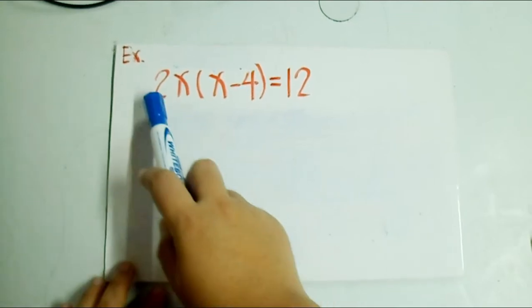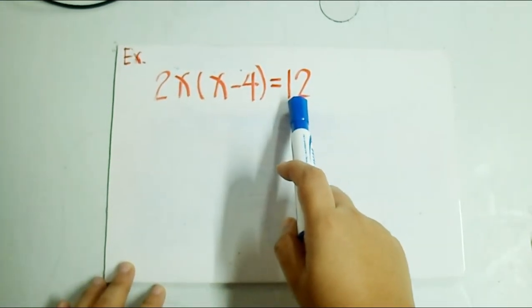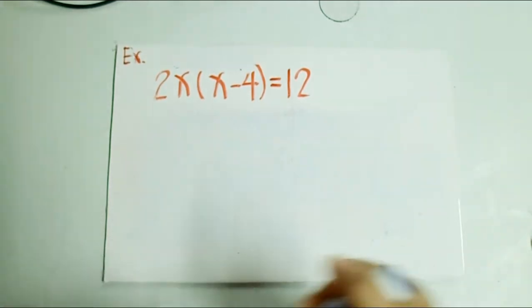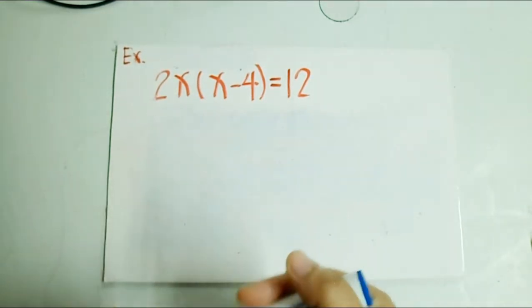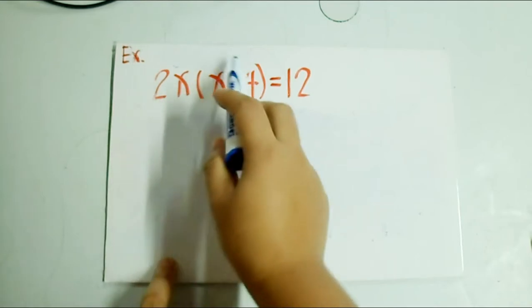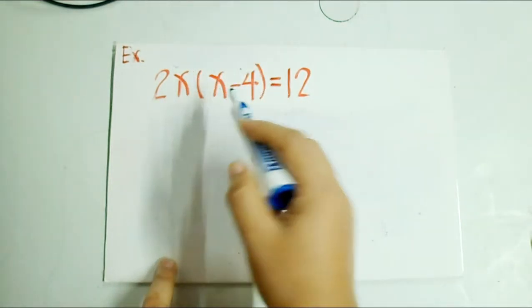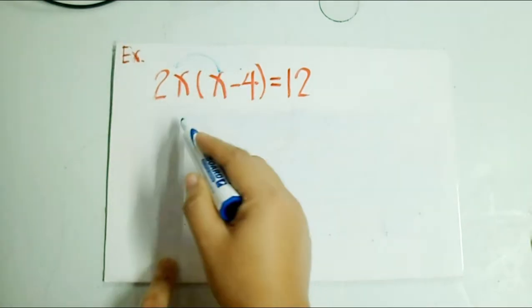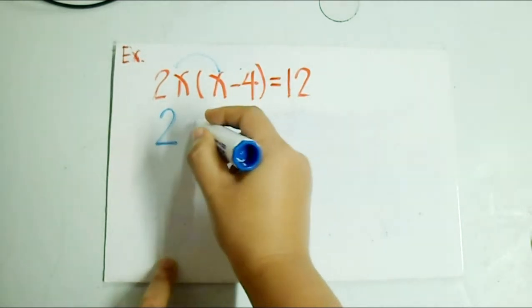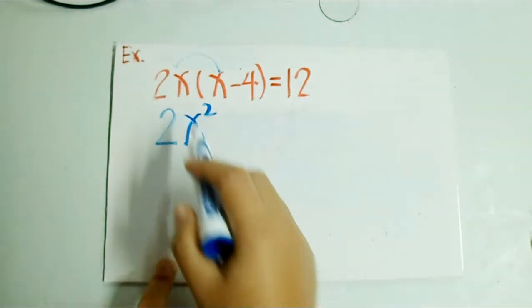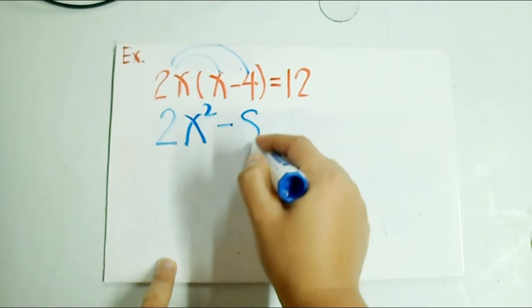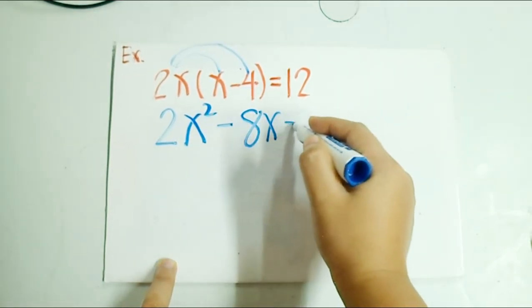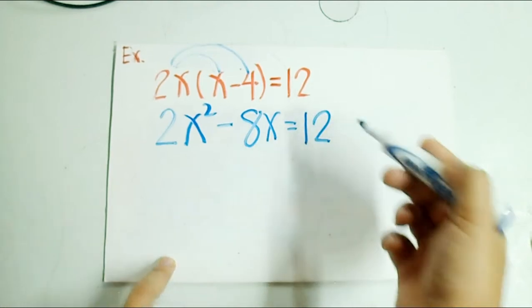We will transform this quadratic equation into the standard form and then identify the values of a, b, and c. To transform this, we have to distribute 2x inside the parentheses. First, 2x times x is 2x squared, and 2x times negative 4 is negative 8x. Copy positive 12.